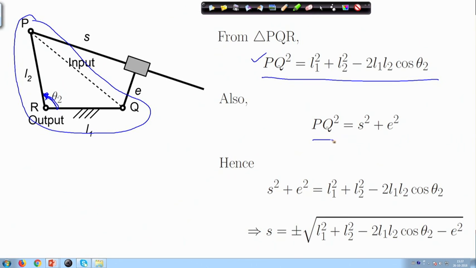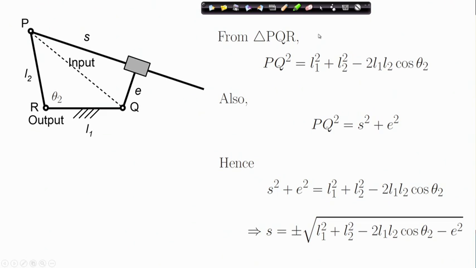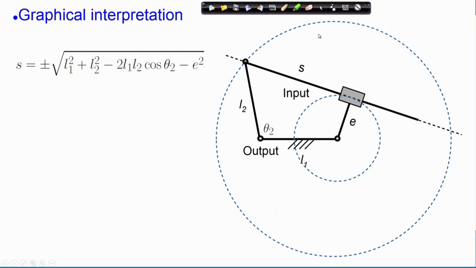Now, P Q square is S square plus E square, this being 90 degree. Therefore, I have two solutions of S from here given by plus or minus. Now, let us look at the interpretation of these two solutions.